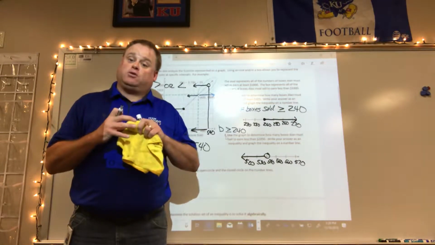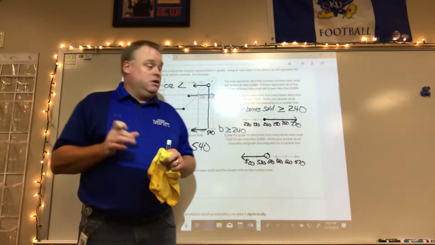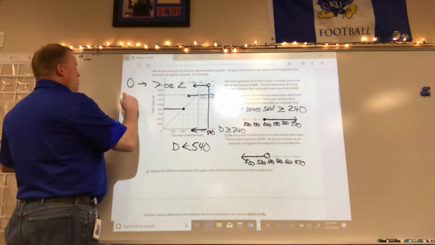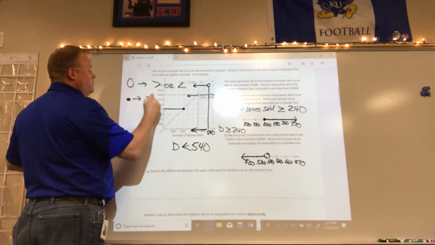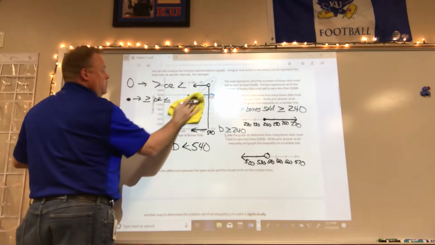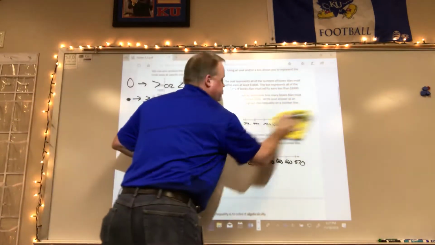Up to but not including, open circle. That is less than or greater than. A closed circle is for when I have a greater than or equal to or a less than or equal to. That's what it's for. I'm going to get rid of this other stuff so you can see that. So this is letter G right there.